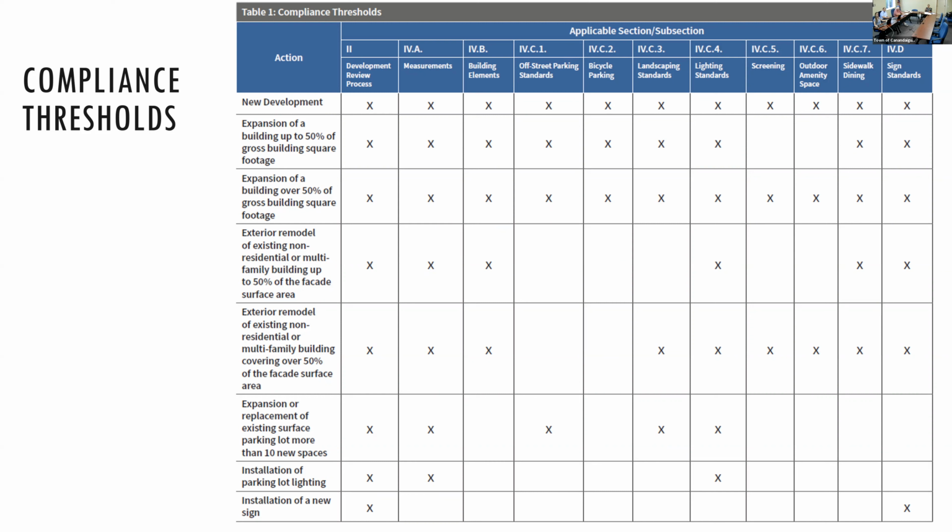So when reviewing an application initially for completeness, this is going to be an important first table to review. And we will be providing a checklist to the town for use by the planning board, the town board, and the zoning officer, to take that first cut at looking at an application.